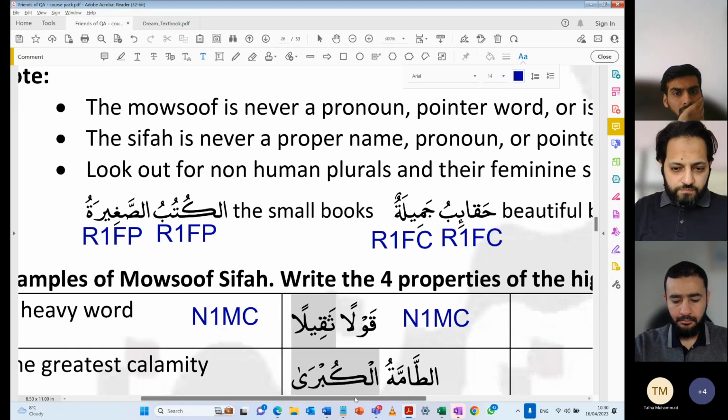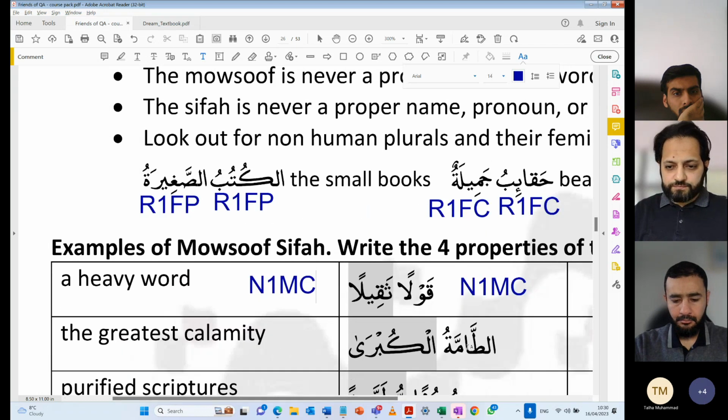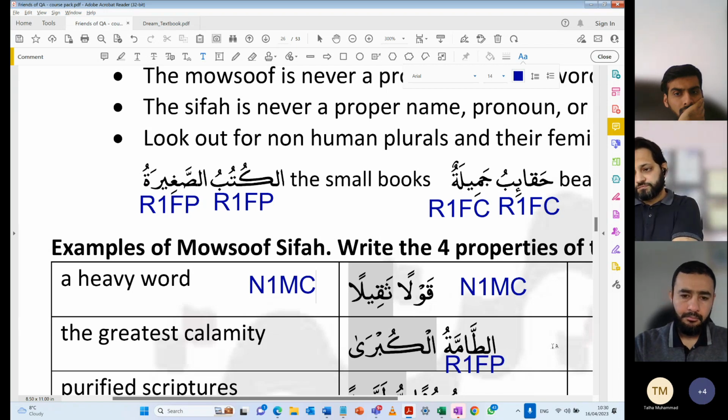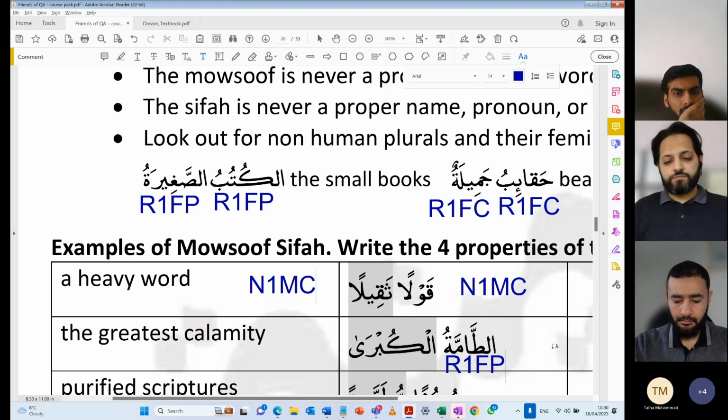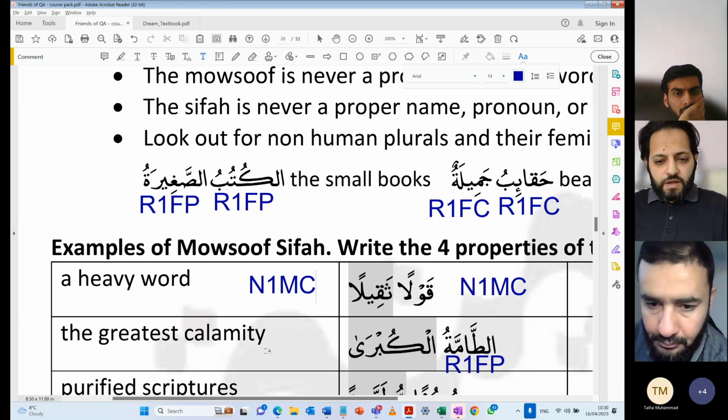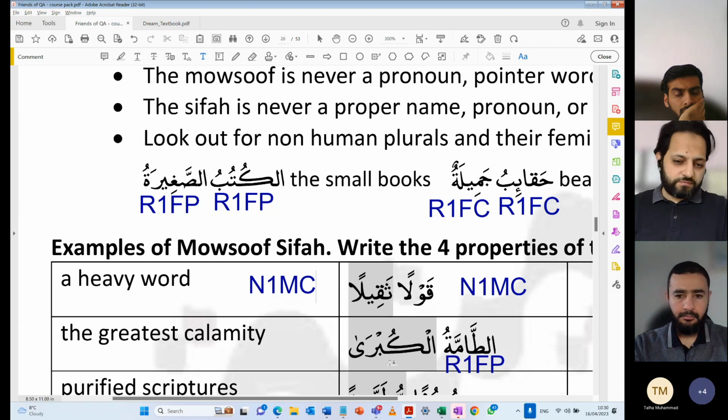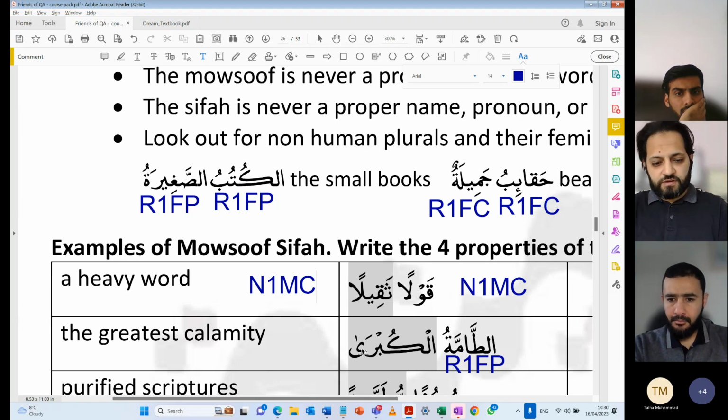Okay. At-tamatul kubra. Let's try to do that. Tamatu, it's rafa, singular, feminine, proper. Yeah, everyone with me on this? Correct. Are these the four properties of al-kubra? Rafa, is it rafa?